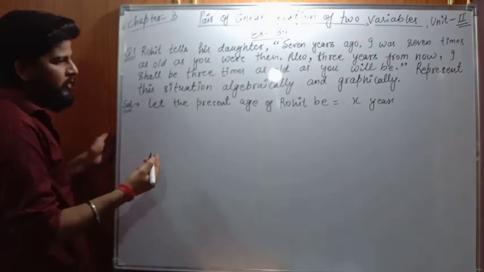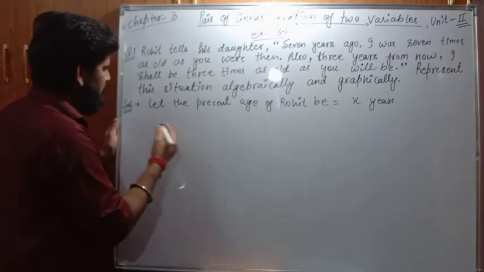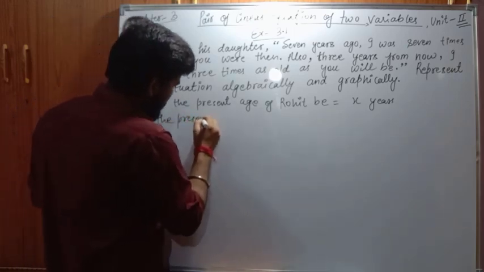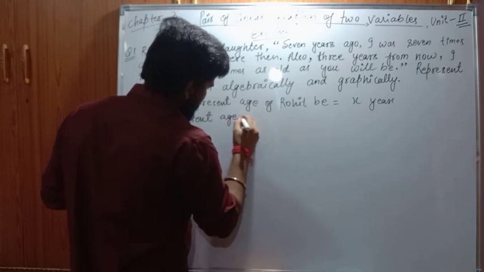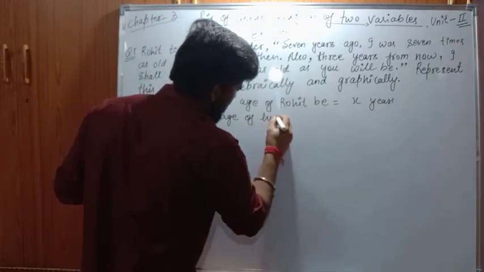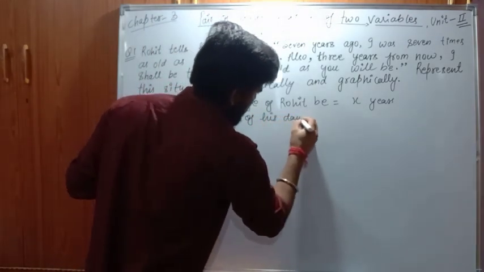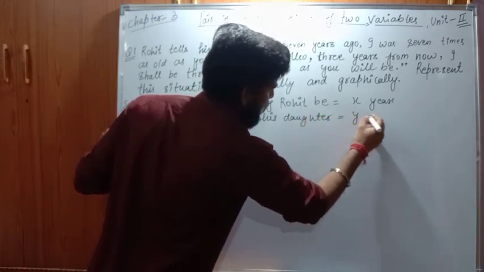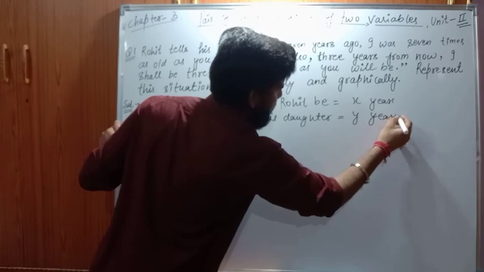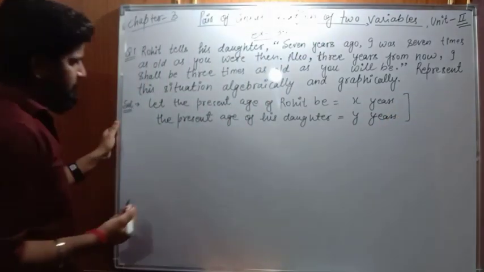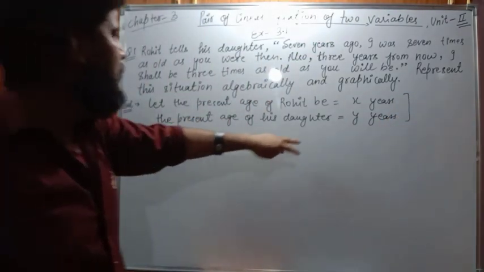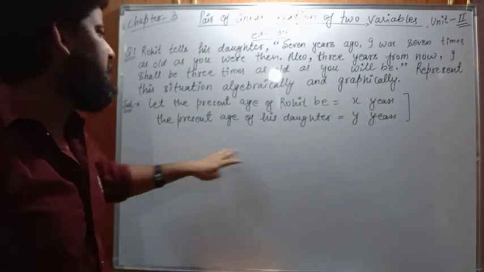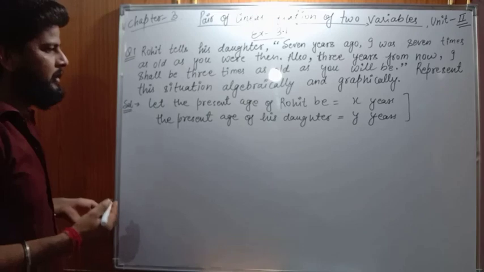Also we don't know what is the present age of his daughter, so we assume the present age of his daughter equals y years. We have assumed x years is the present age of Rohit and y years is the present age of his daughter.